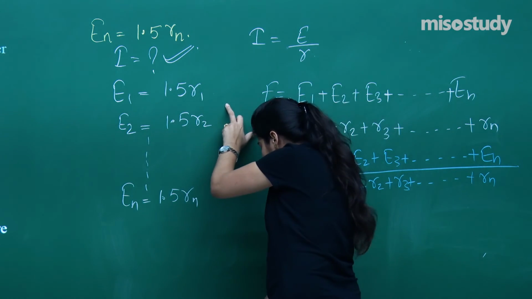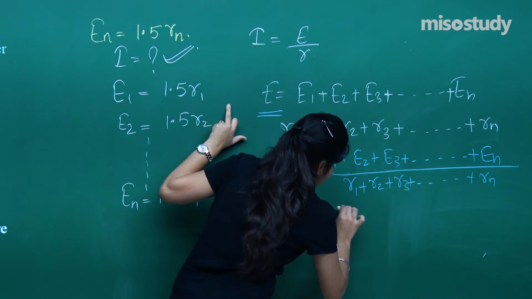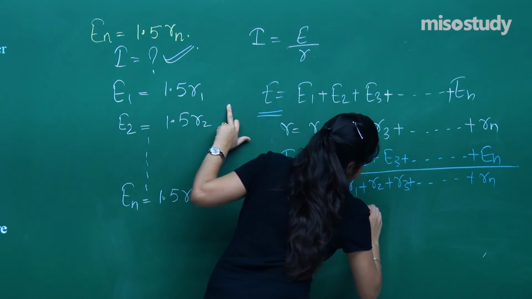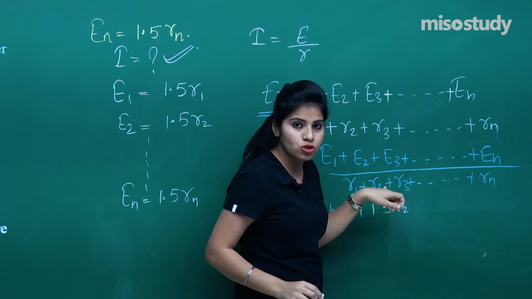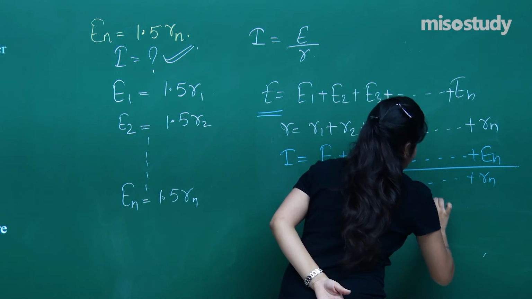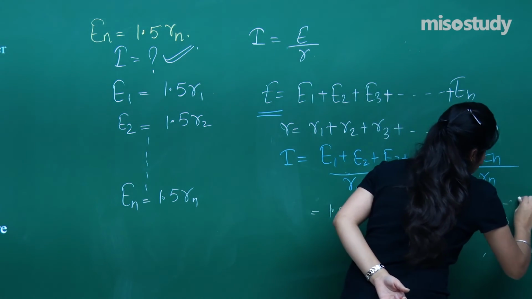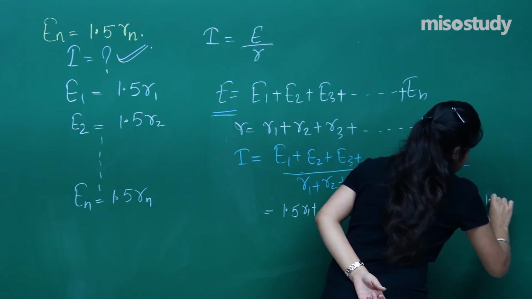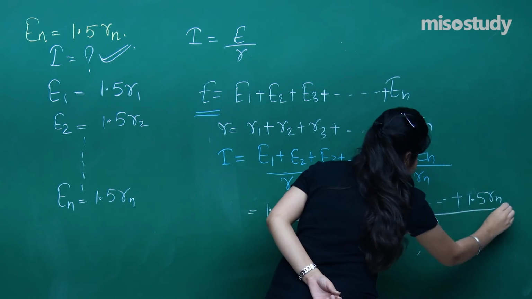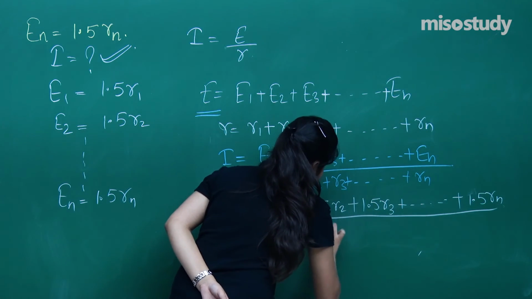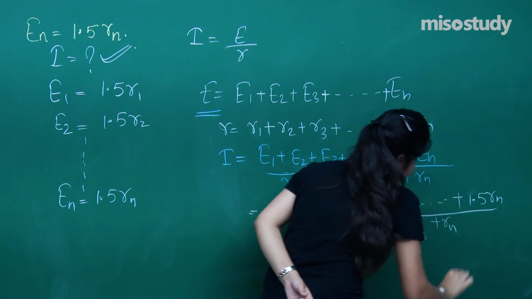So I am going to put in place of E1, E2, E3 the values 1.5 into R1 plus 1.5 into R2 plus 1.5 R3 and so on up to 1.5 into Rn, divided by R1 plus R2 plus R3 plus up to Rn.